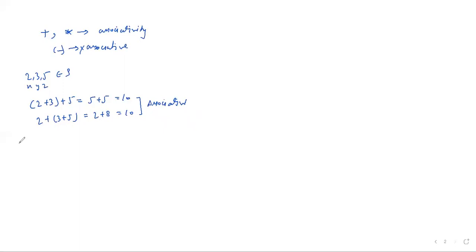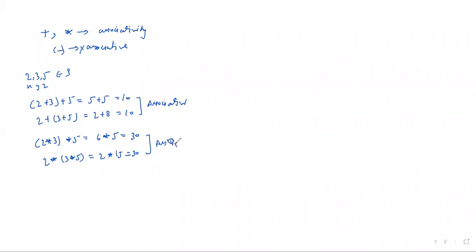Now if I look at the multiplication part, then (2 into 3) into 5 equals 6 into 5, which equals 30, and 2 into (3 into 5) equals 2 into 15, which is also 30. So multiplication also follows associativity.